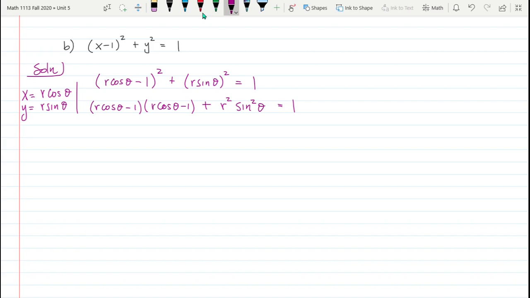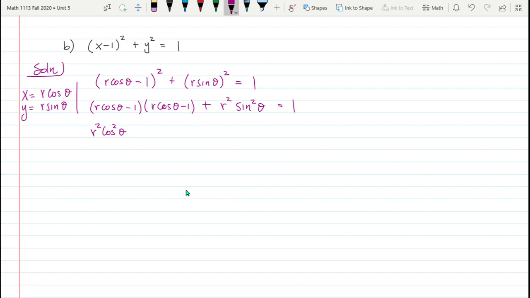The reason why I said this problem would be more intricate or a little harder is because we have to FOIL this, and that is not conventional. We're not very used to doing this, other than having x plus a number there, right? So let's do it very slowly. r cosine theta times r cosine theta is r squared cosine square.